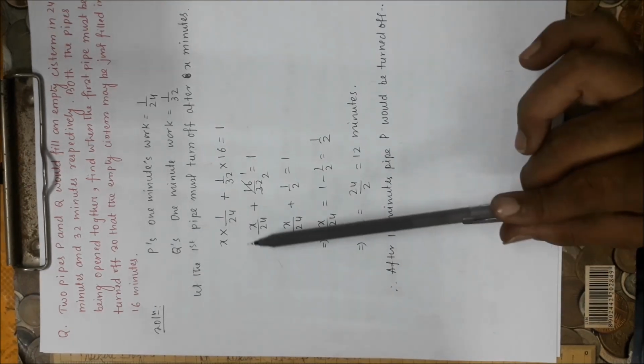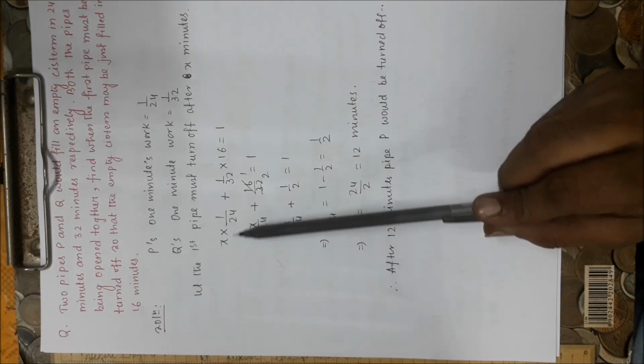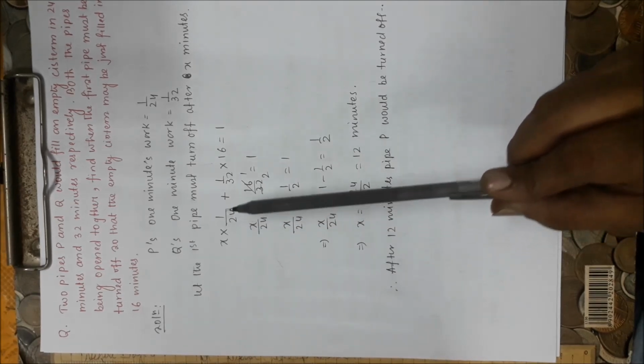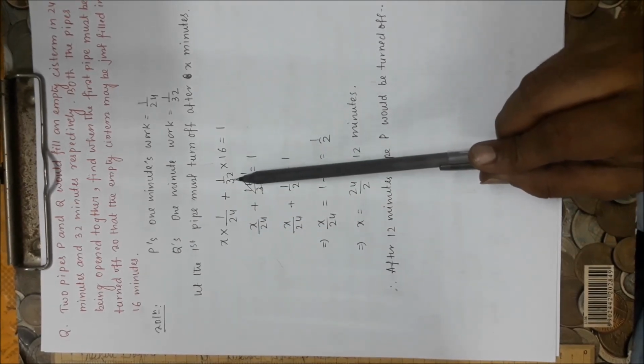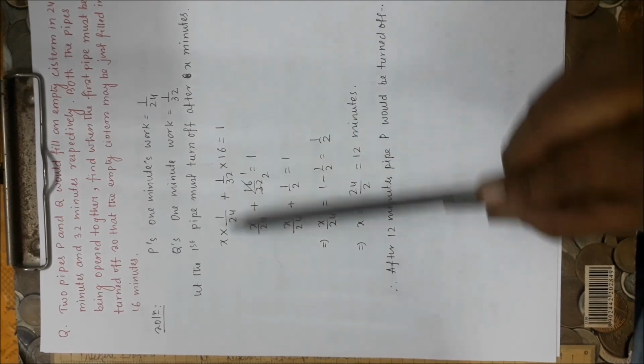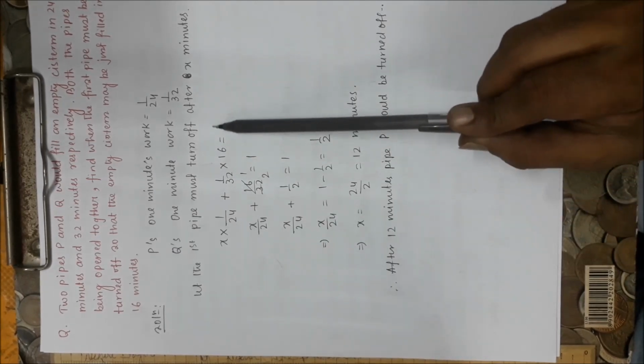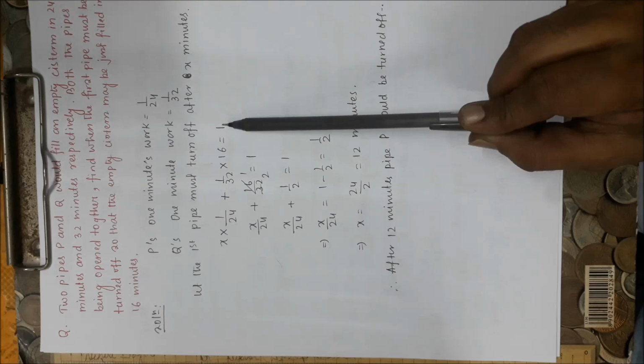Here we are multiplying number of minutes multiplied by 1 minute work. And together they complete the work. That is equal to 1.